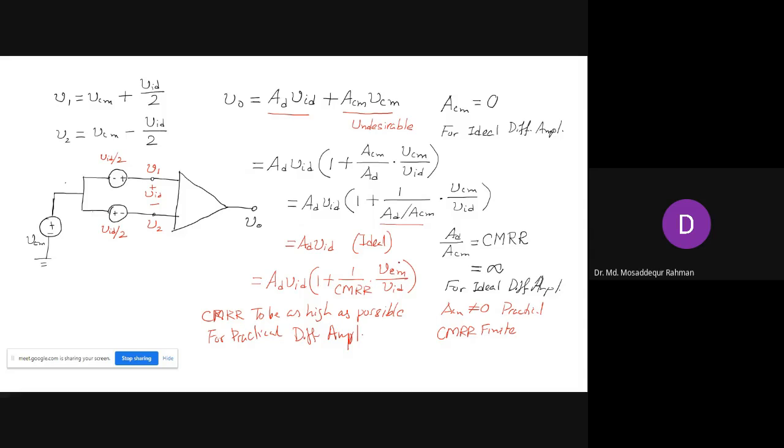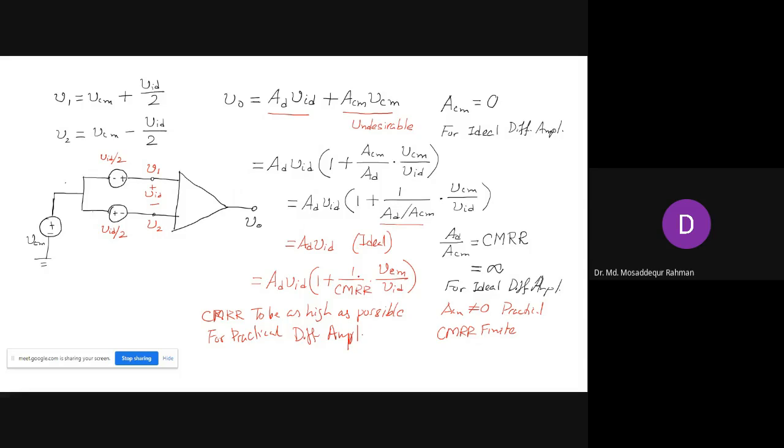So why is the common mode voltage high? Because it is due to the bias voltages, the DC voltage that we apply to the transistor to bias it. So usually the common mode voltage is in the range of volts, while the VID will be very small, in the range of millivolts. So almost they are 1,000 times greater.